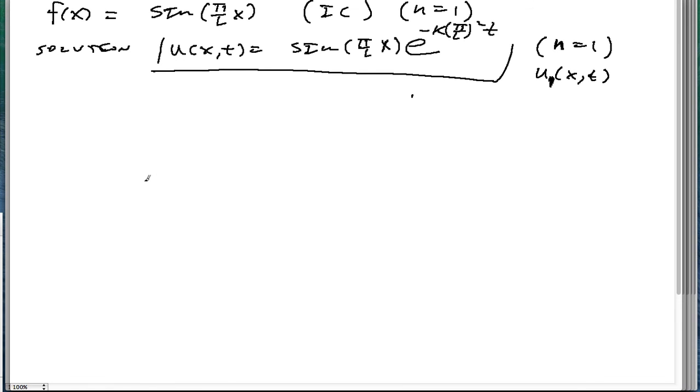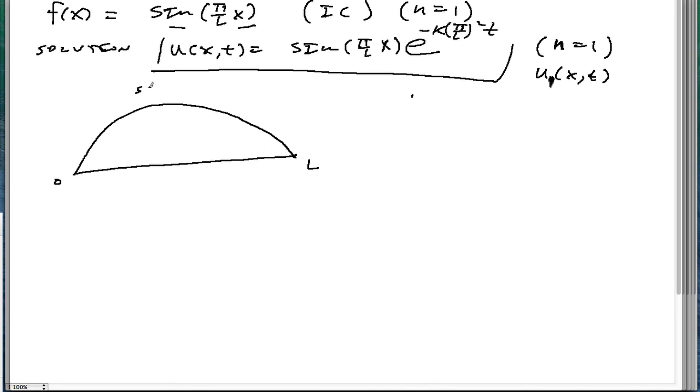All right, so what does this look like? So sine pi over L of x looks like this. I'll draw it here, 0 to L, and it goes up like that, and it just goes back down. Now we want to go forward in time though, so I'll put time this way.